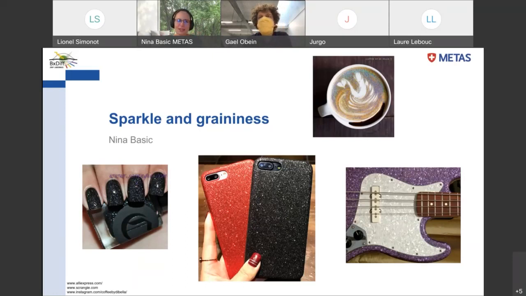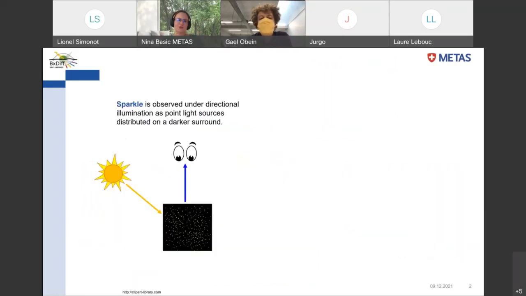Okay. So first of all, what exactly is sparkle and what exactly is graininess? Here we have a very simplified picture of a sparkle, where we have these tiny bright spots on a darker surround. And we can only see this if we observe the sample under directional illumination.